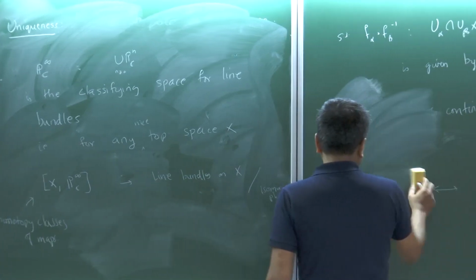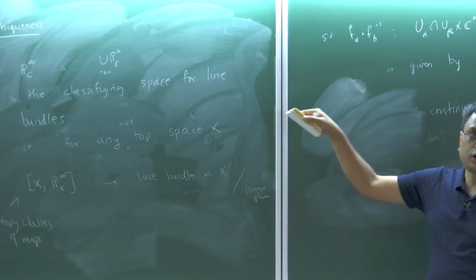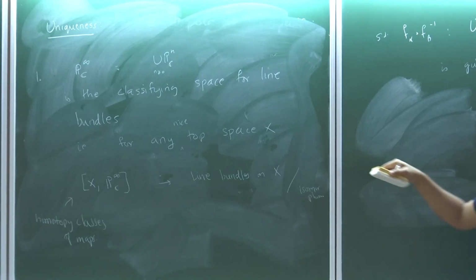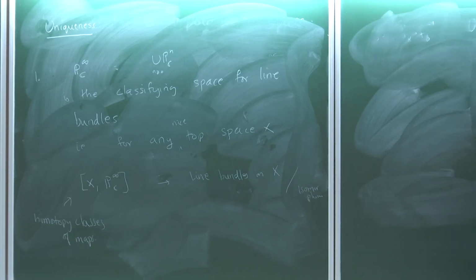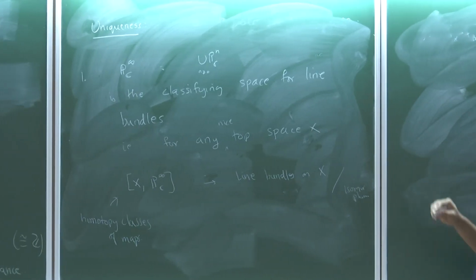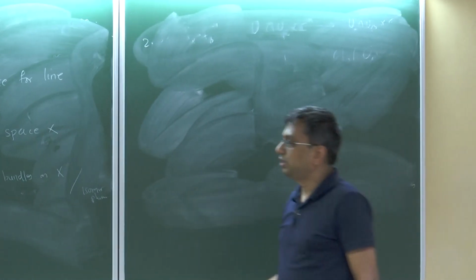What is ingredient number 2? Unfortunately, this ingredient number 1 will not be available in algebraic geometry. We'll have to do something else. But ingredient number 2, exactly verbatim, we will have in the algebraic geometric setting. This is called the splitting principle.